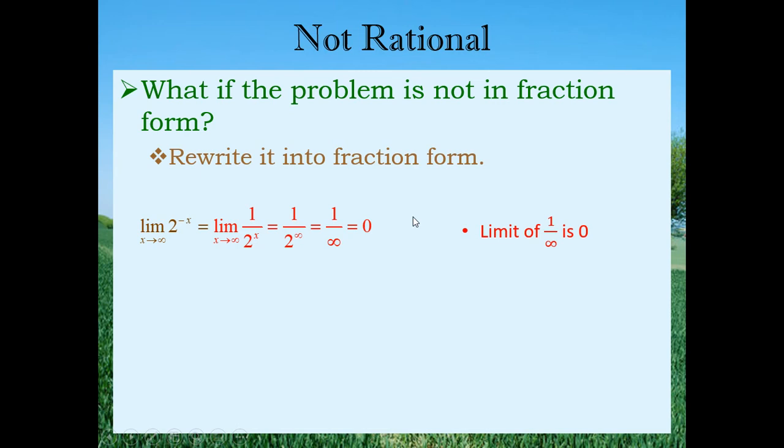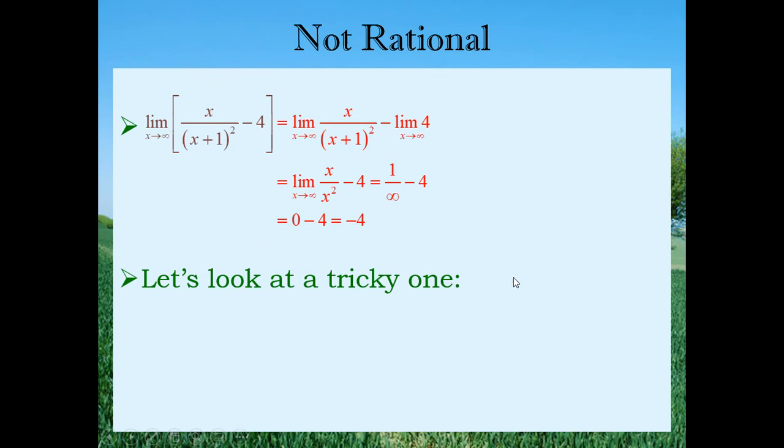So the limit of 1 over infinity is going to be 0. How about the limit of x as x approaches infinity? Well, x over 1, we could write it as a fraction like that. It's simply positive infinity over 1, which is positive infinity. Again, does not exist. So once you get the hang of these, they're really not too hard.